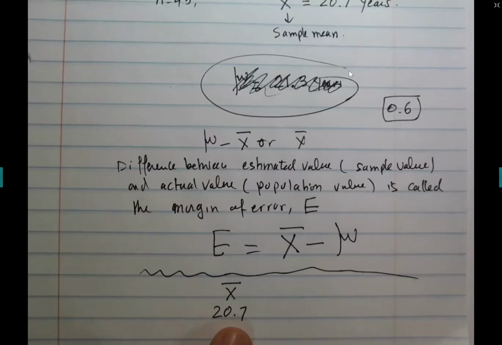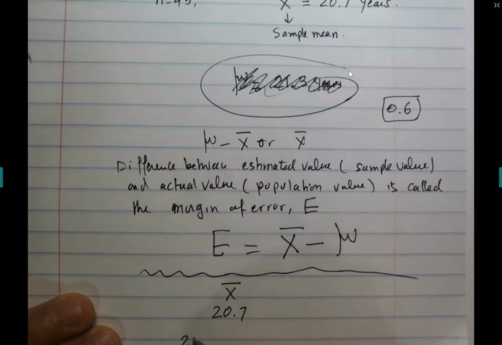Because 20.7 is the sample mean. The actual mean could be below 20.7 or could be above 20.7. So your interval, guys, could be 20.7 minus something and 20.7 plus something. And that something, guys, is called the margin of error.